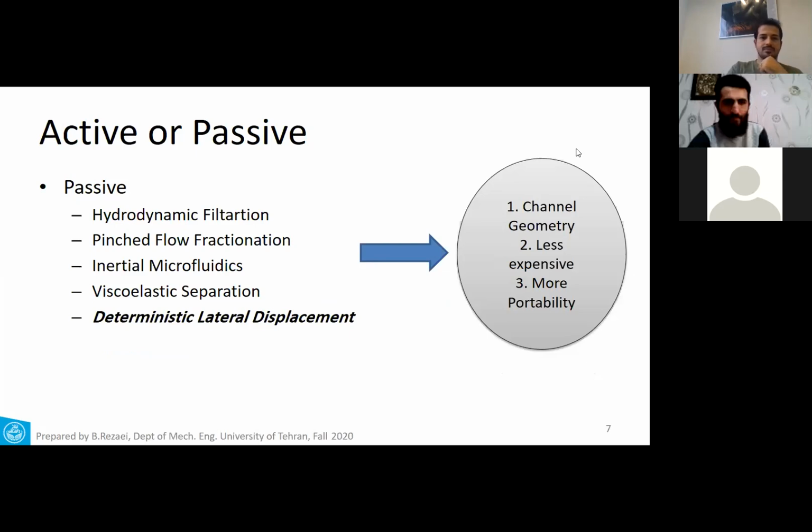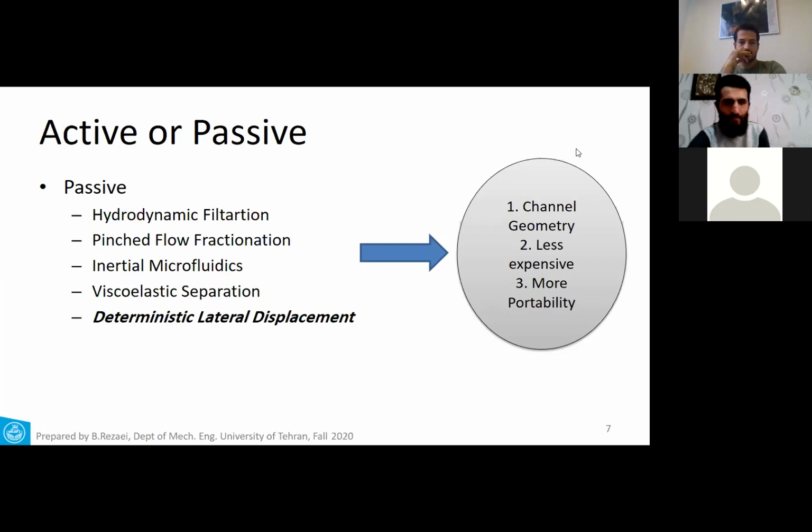It is good to mention that it has another name in articles, deterministic ratchets. Maybe there is a little difference between deterministic ratchets and deterministic lateral displacement, but they do the separation based on one fundamental phenomenon.